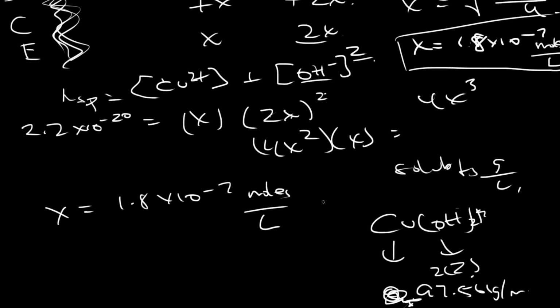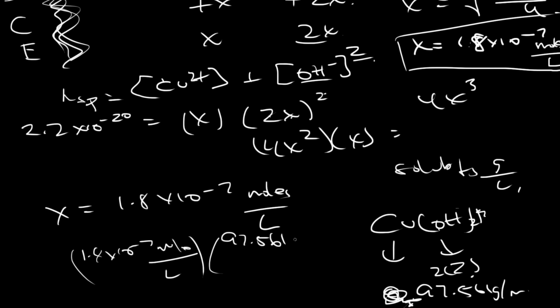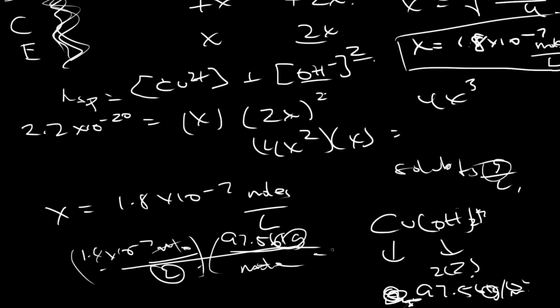We want to cancel out moles, so take 1.8 times 10 to the negative 7 moles per liter and multiply by 97.561 grams per mole. Moles cancel out, you're left with grams per liter, and that will be your solubility answer.